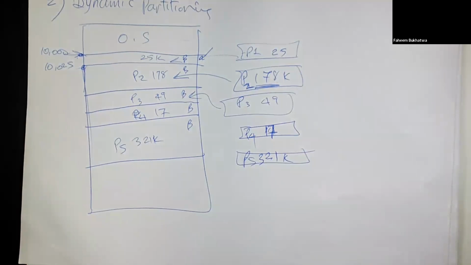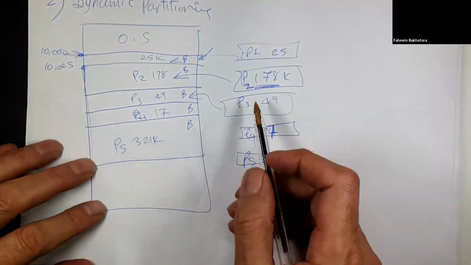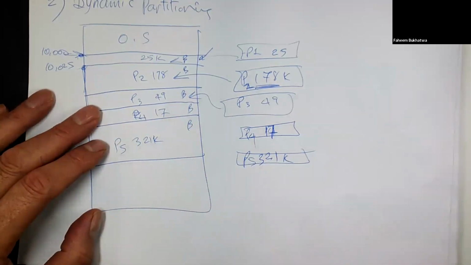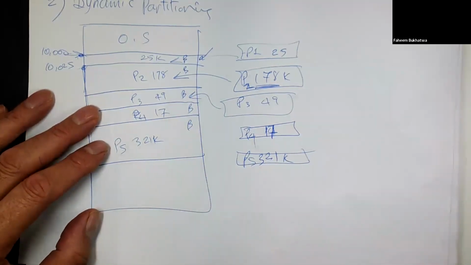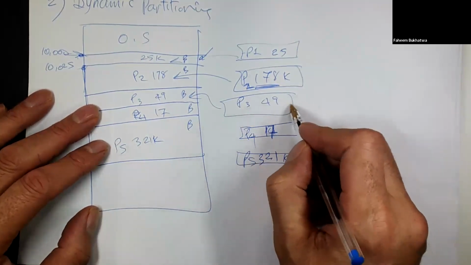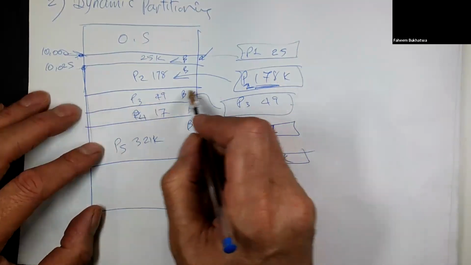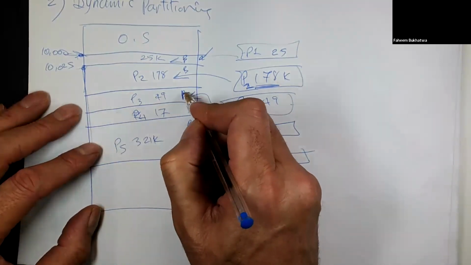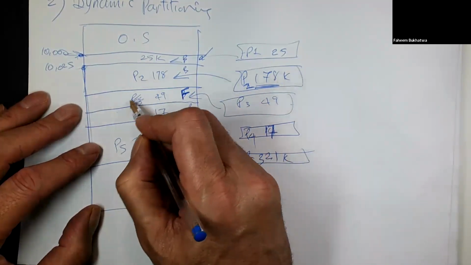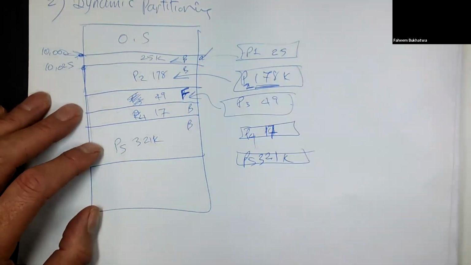Let's carry on and see how operation happens with this one. Let's say now program number 3 finished. You don't know which program is going to finish first, so let's say program 3 finished. So this block here is free now. How big is it? 49K. P3 is not there anymore.